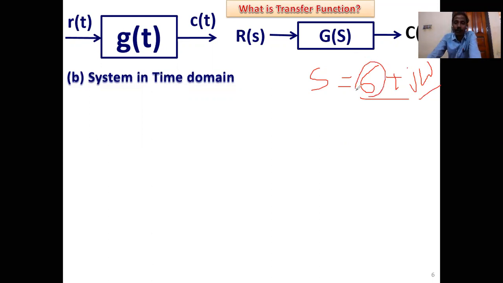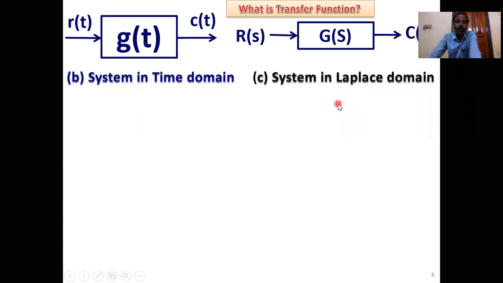Already discussed, sigma units are nepers and omega units are rad per second. This is the system in Laplace domain.